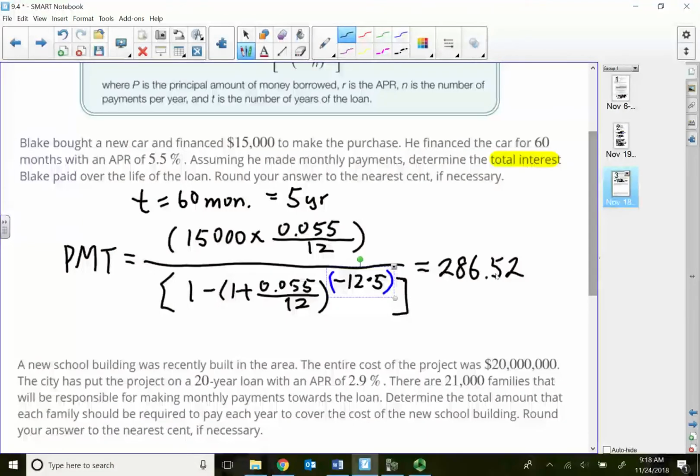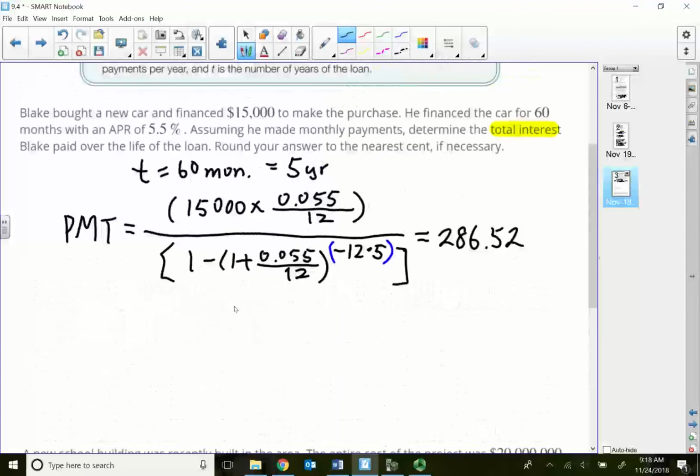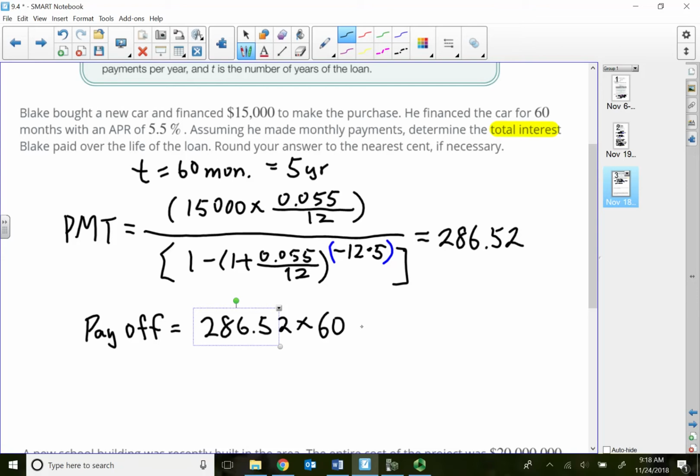Let me scroll this down a little bit. So the payoff. I'm not calling this the total cost, because sometimes the total cost does include a down payment like the previous one. So I'm going to take this monthly payment times 60. This is a monthly payment, so the time has to be in months.